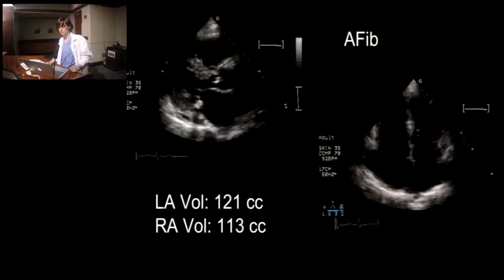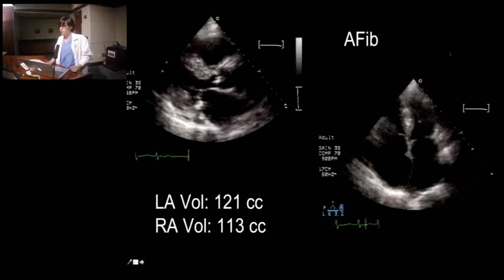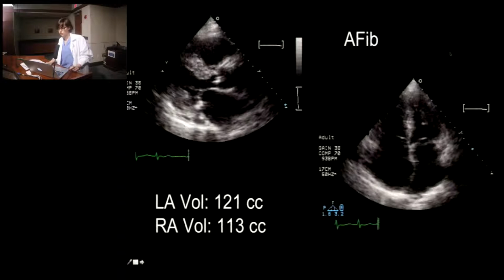And again, I'm showing you here basically the mirror images of what we've seen before, which should be playing, but they're not. Again, normal LV and RV function, AFib this time, and a new worsening of both LA and RA volume dilatation.